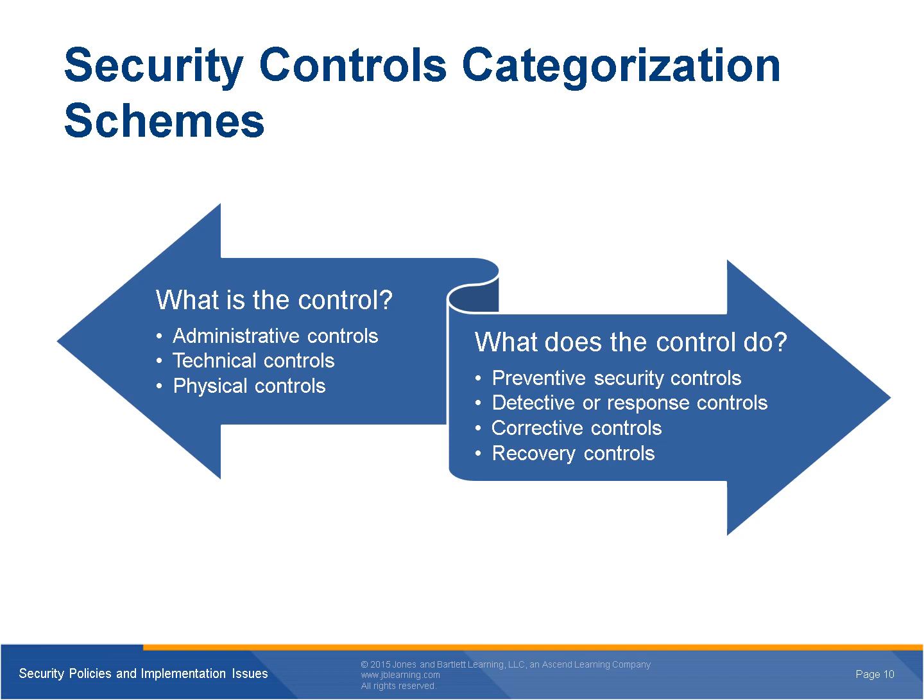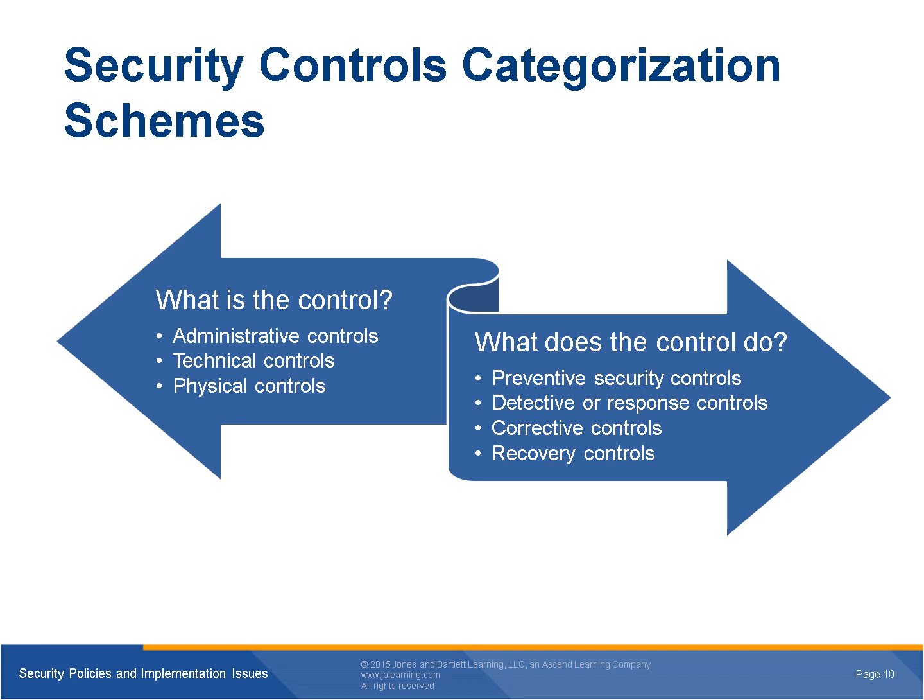The second set of controls describe what controls do. These controls include preventive security controls, which prevent intentional or unintentional security threats. Examples include network access policies, firewall rules, locks on wiring closets, and server room doors.